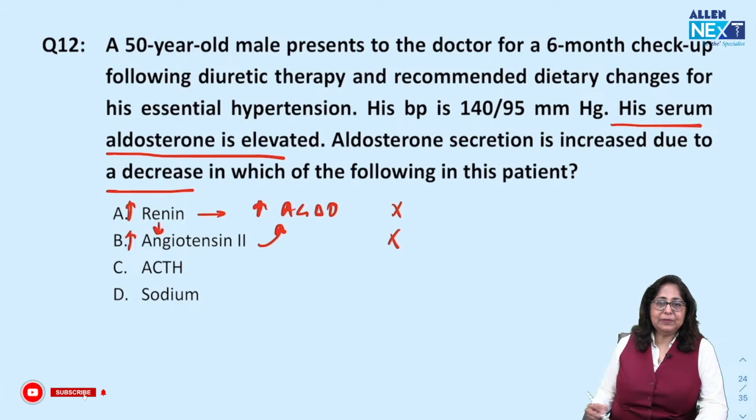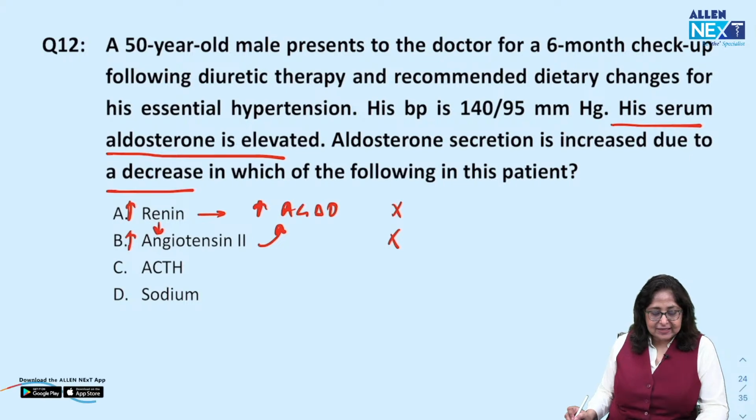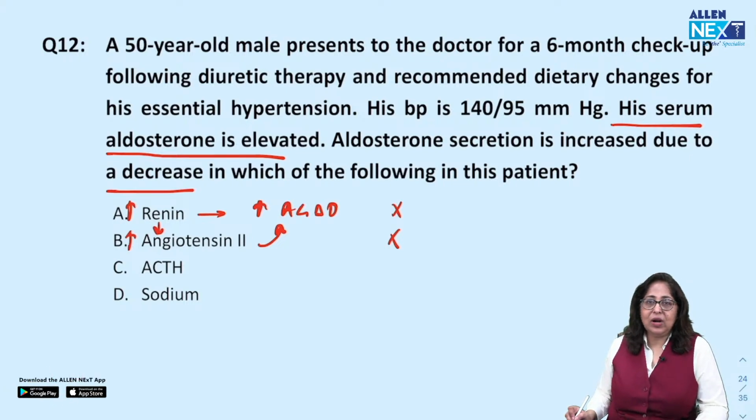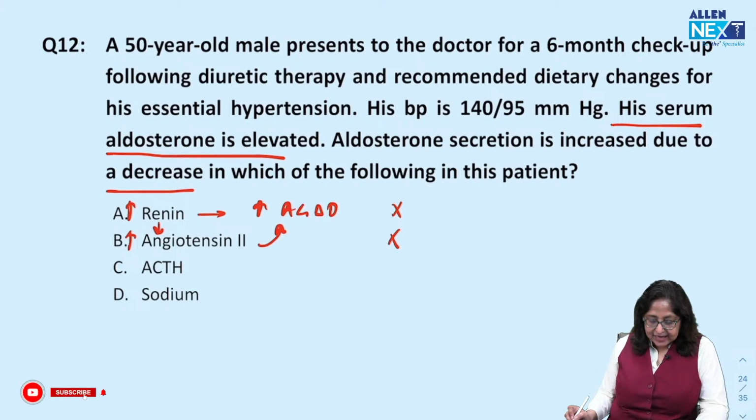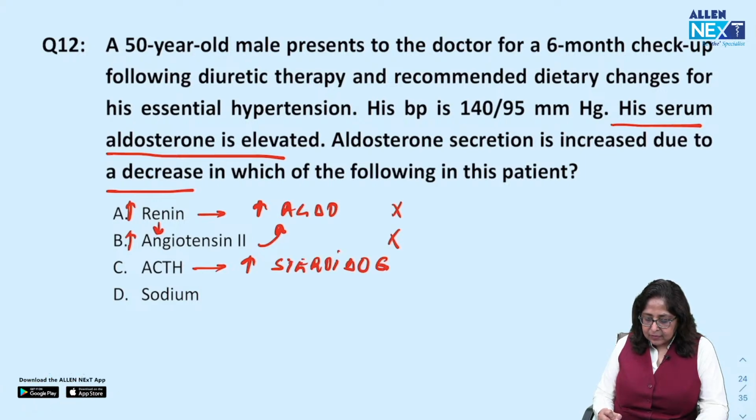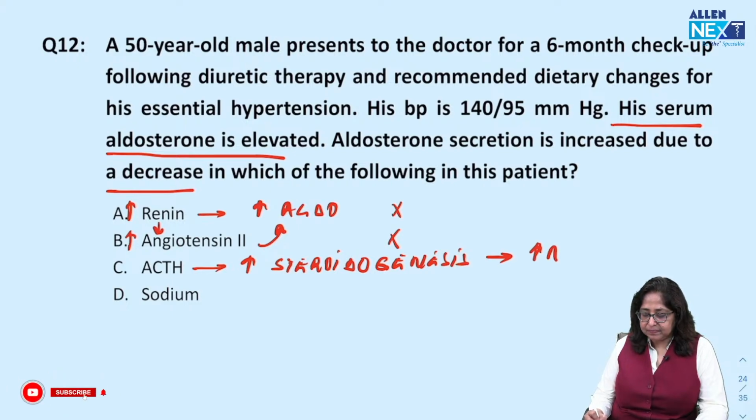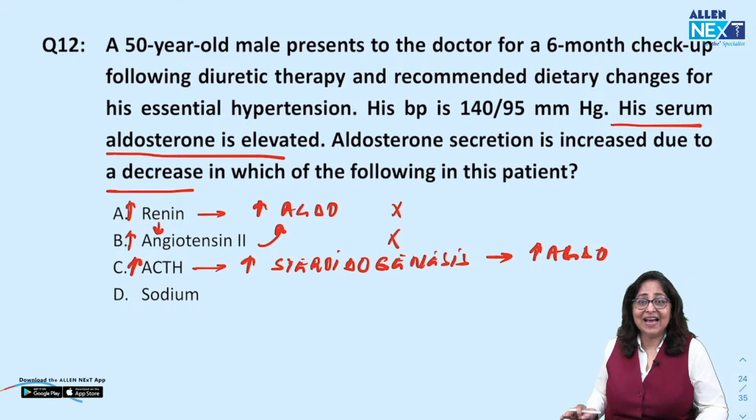ACTH. What happens if there is an increase in ACTH? Now, ACTH, you must understand, though it does not directly control aldosterone secretion, but yes, ACTH increases steroidogenesis. So it can cause an increase in aldosterone. So please remember, not directly.